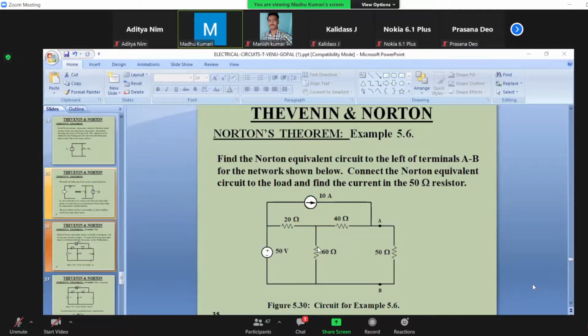What will you do? The 60 ohm resistance will be omitted first, same as in Thevenin's theorem.